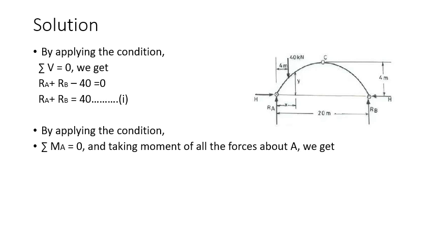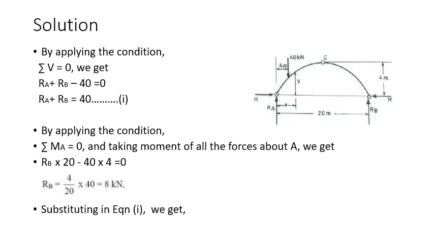RB into 20, minus 40 into 4 is equal to 0. So you get RB as 8 kilonewton. Substituting this in the equation, we get RA as 40 minus 8, that is 32 kilonewton.